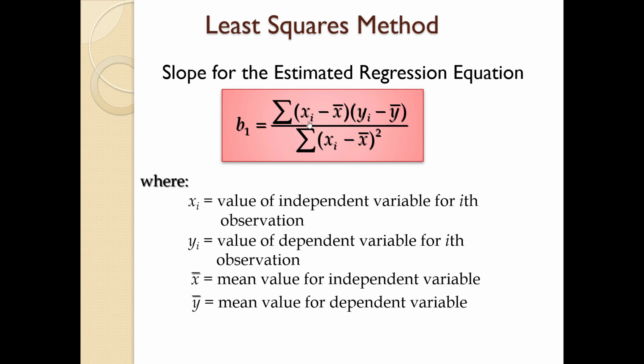However, if x is above average at the time that y is below average, then they're going in different directions, because this numerator would now be negative. We'd have a positive number multiplied by a negative number, which is negative. Now they're moving in opposite directions, and hence we would have a negative slope.